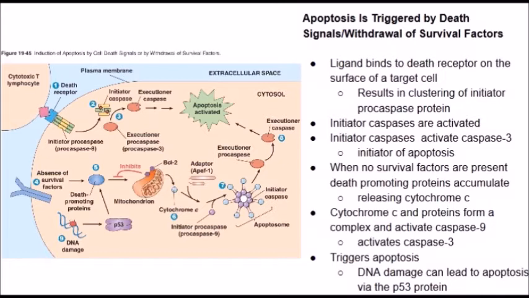The activated initiator procaspase activates the apoptosome, which then activates the executioner caspase. The DNA end result is damaged, which leads to the production of p53 protein.